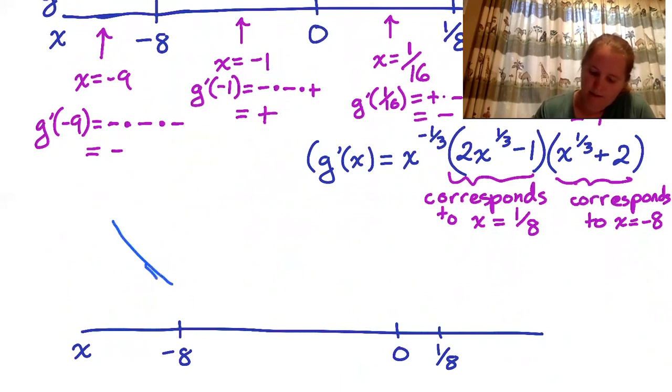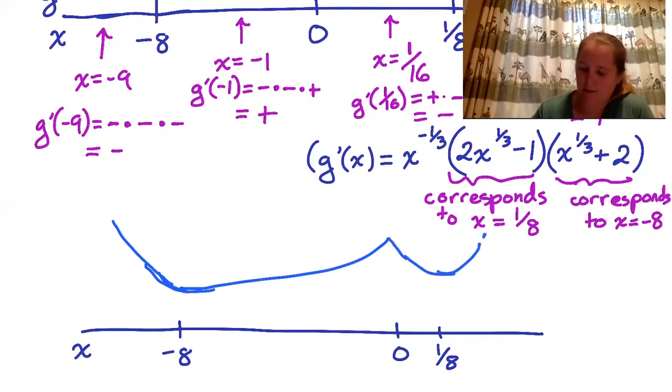At -8, we turn around. And then we have a cusp at 0. We go down again, and at 1/8, we turn around and go back up. So we will have relative minima at -8 and 1/8, and a relative maximum at 0.